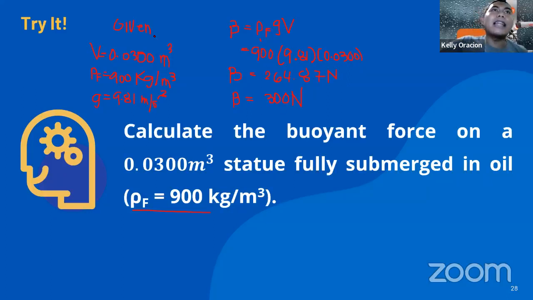Ba't siya naging 300? Okay, take note how one significant based on the given. Diba? We should follow the least number of significant figures. So, isa lang man ang significant. So, kaya 1 yung significant figure natin for answer. Kaya 300.